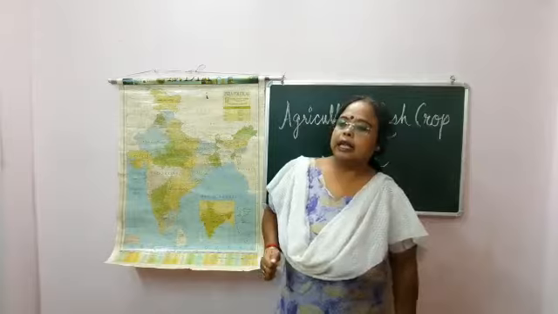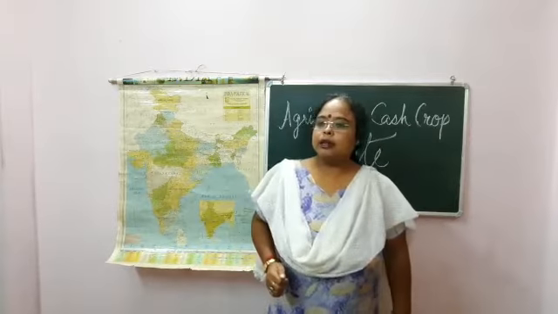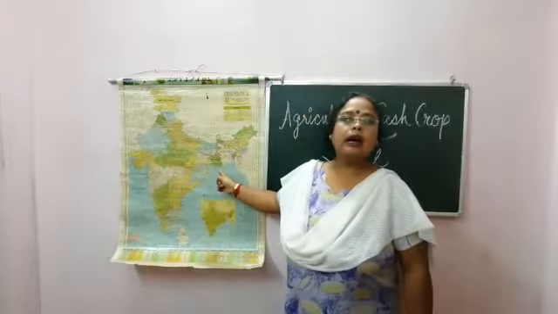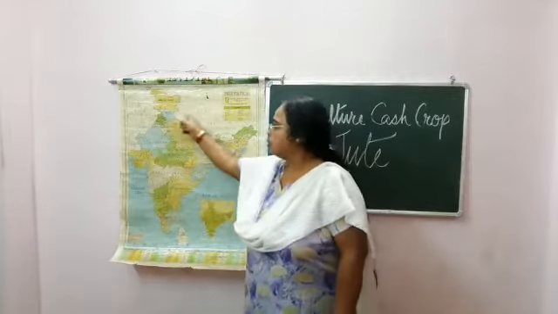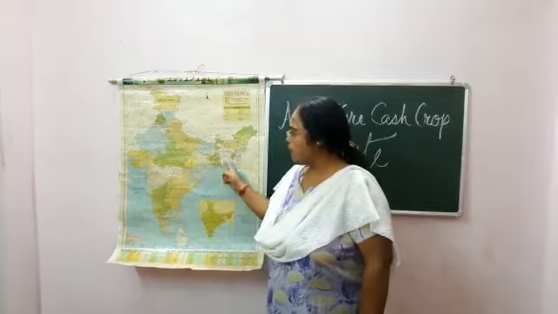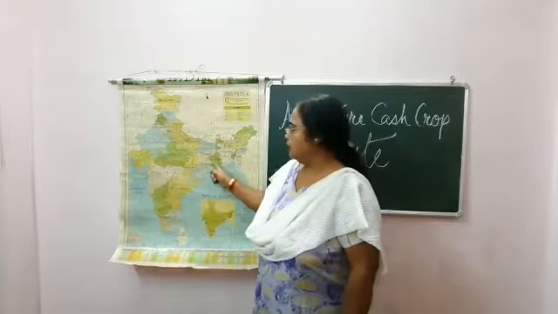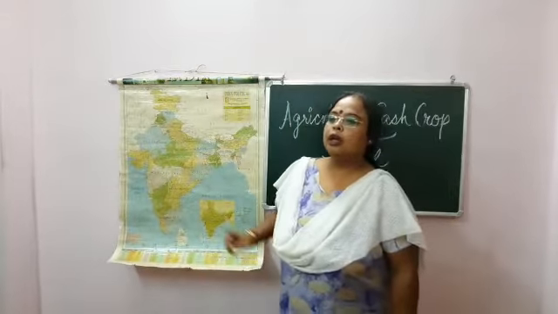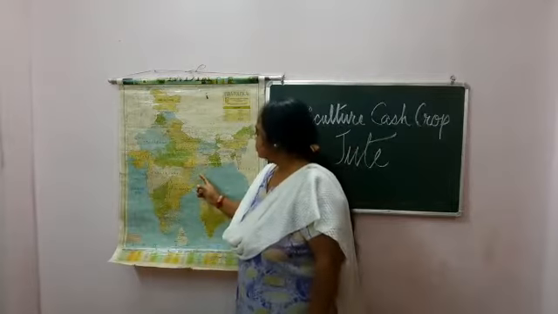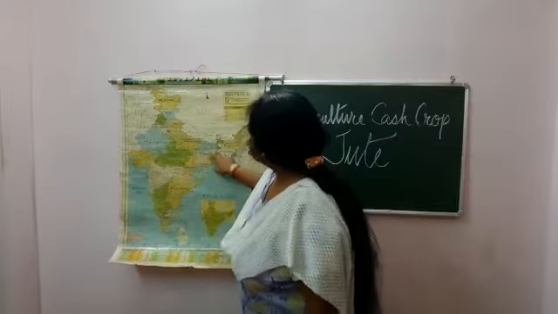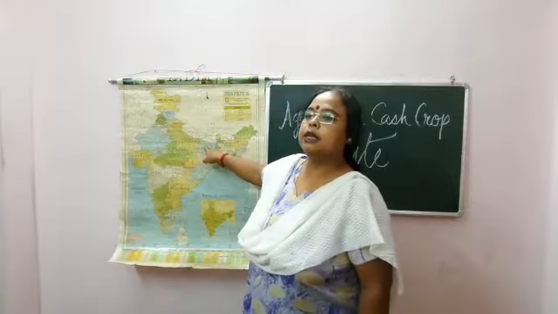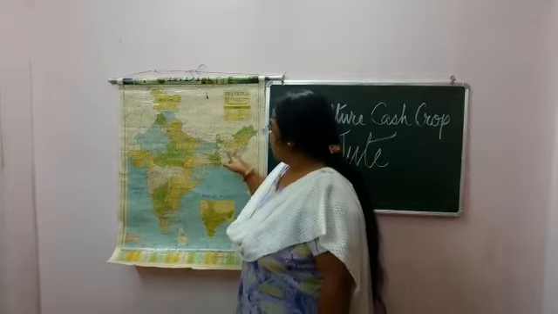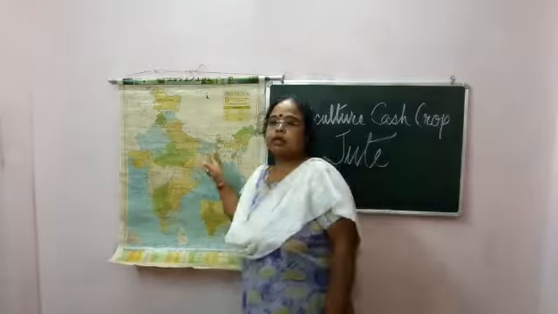Next, the areas of production. The main jute growing areas are the Ganga-Brahmaputra delta, mainly the area of West Bengal. It is also found in Bihar, in this part here, and also Assam and Jharkhand, some areas.